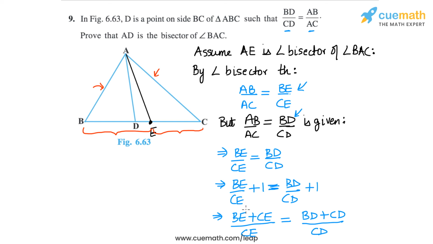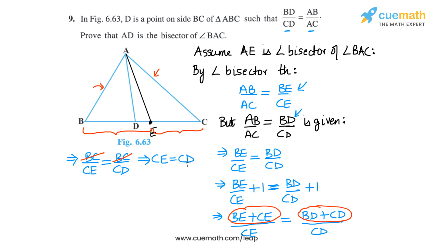Now what is BE plus CE? Look at the figure. BE plus CE is simply BC. And BD plus CD is also equal to BC. So what we obtain now is BC by CE is equal to BC by CD. We can cancel out the BC terms from both sides, and this will give us CE equal to CD.